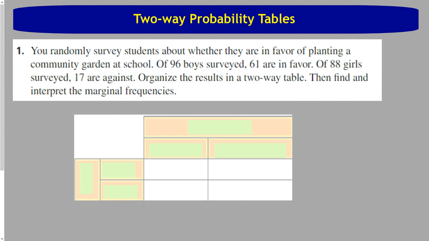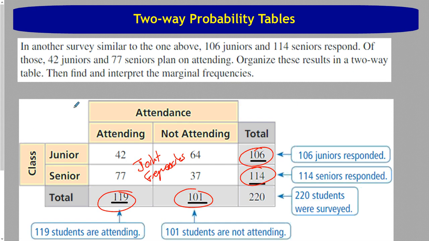Okay, so we need to organize this data two ways. We need to look at boys versus girls, and then for or against the garden. So if we look back at this table, you'll see that we usually organize by two general categories: class and attendance.